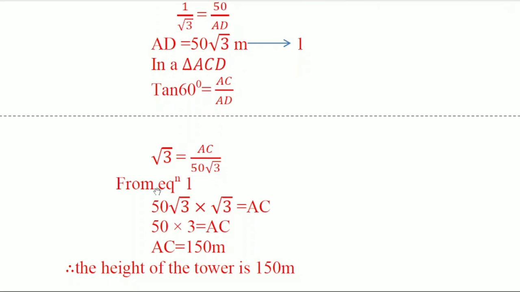From equation 1, I got AD equals 50 into root 3. Therefore 50 into root 3 equals AC. 50 into root 3, root gets cancelled. So 50 into 3 equals AC. So AC equals 150 meters. Therefore the height of the tower is 150 meters.